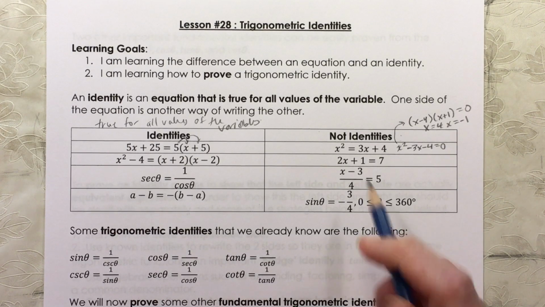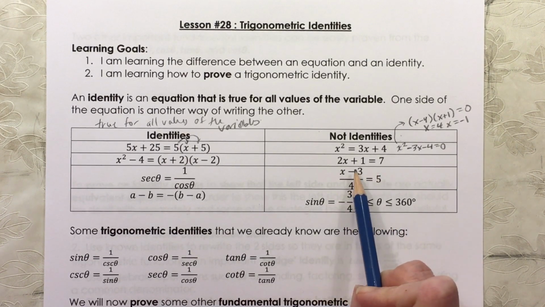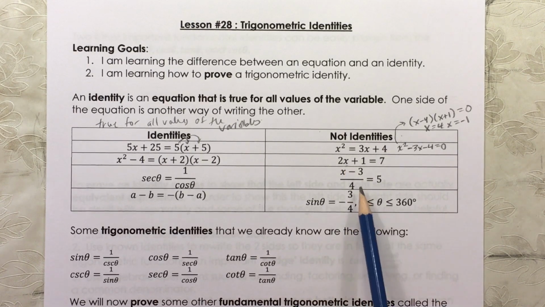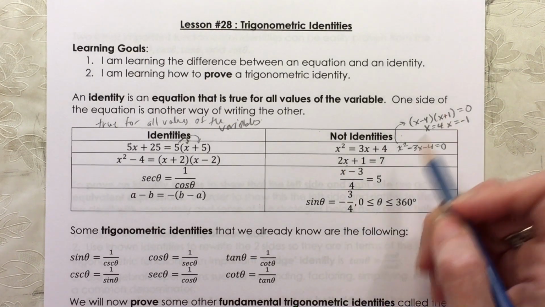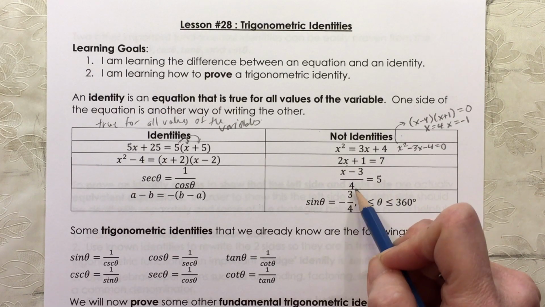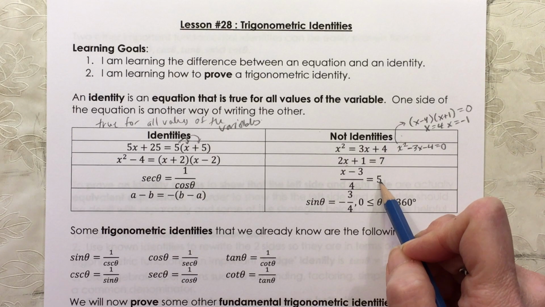Okay, here's a grade 9 equation. 2x plus 1 is only equal to 7 when x is equal to 3. So there's only one solution that works here. Another kind of grade 9 equation. This one's only true if, so you'd multiply both sides by 4 and then add 3.